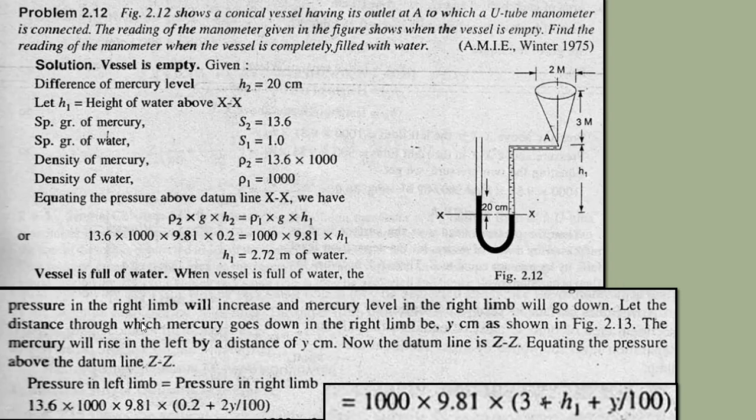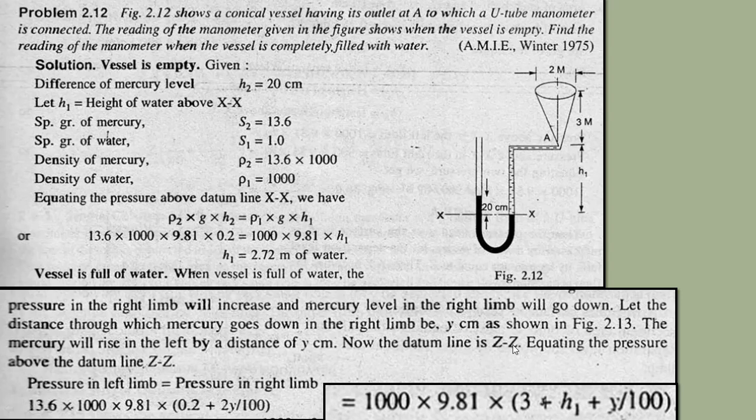Let the distance through which mercury goes down in the right limb be y centimeter, as shown in figure 2.30. I will post this figure later on. The mercury will rise in the left limb by a distance of y centimeter.